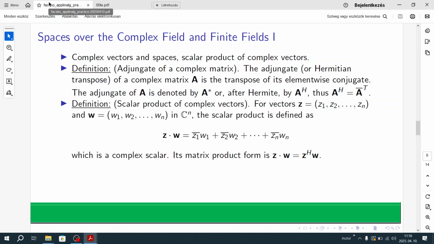If you multiply two vectors z and w, whose elements are complex numbers, then the scalar product is not the one we used. You conjugate the first vector and then do the multiplication. And that's not simple.